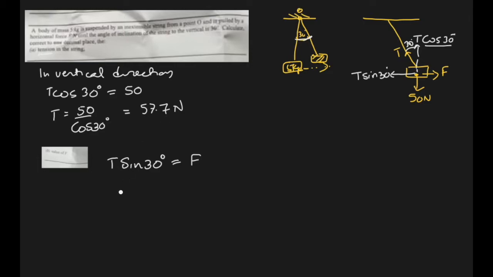T we got just now 57.735. I will use the whole number, as close as I can get. So on sine 30 is half, I'll just multiply my previous answer by half. So we get 28.867, which I will write as 28.9 newtons.